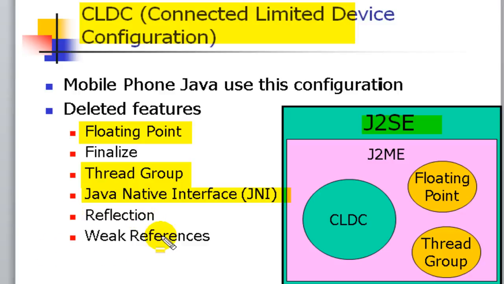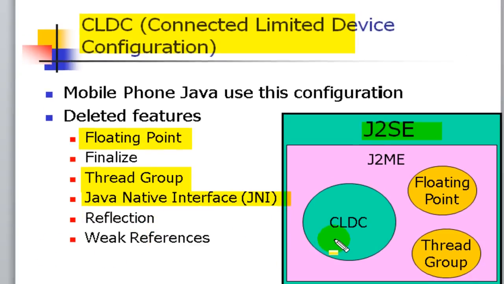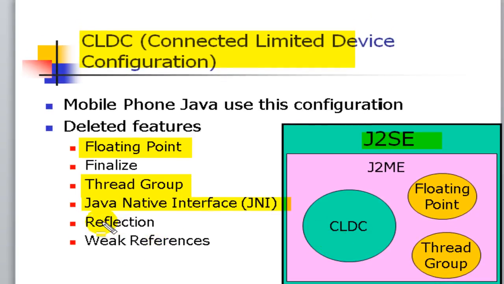Similarly, reflection and weak references are not supported by CLDC based devices. Reflection is where you actually inspect the contents of classes. Say you have objects, methods, fields, threads.